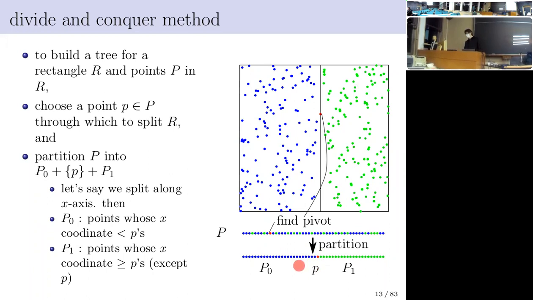Then you simply make a recursive call. Just make a KD tree for these points and make another KD tree for these points. And you simply make a node that has these as children.